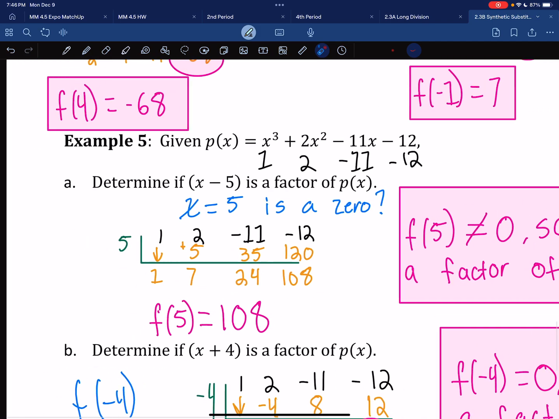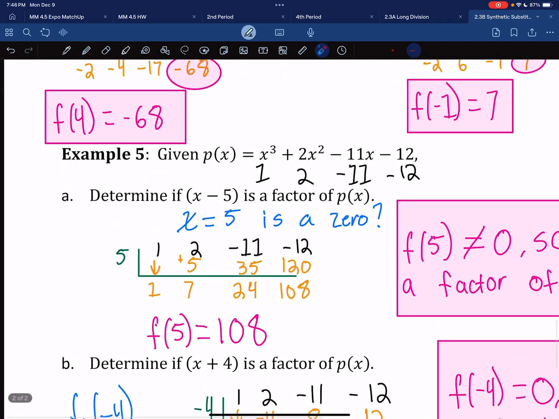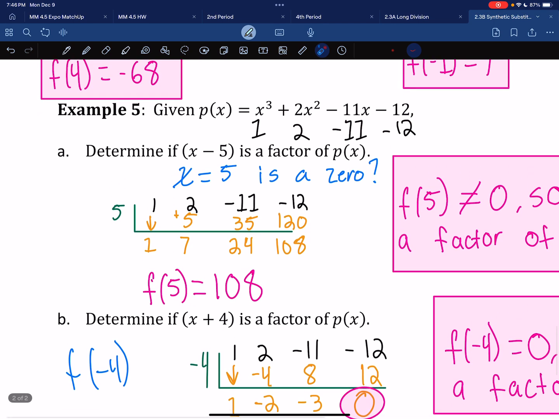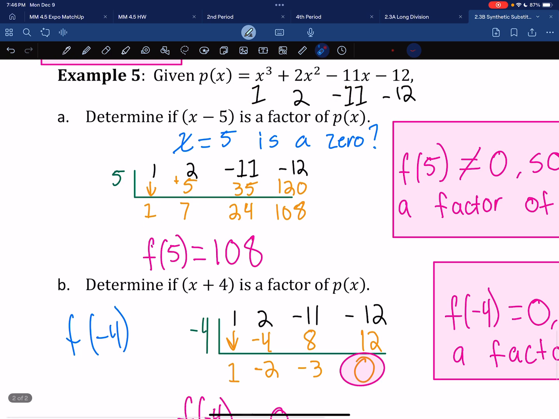So these coefficients represent these terms that I still have. I originally had the x cubed and I divided by an x. Altogether, I divided by x plus 4, but I divided by an x. So if I had x cubed divided by an x, the highest exponent I would have is x squared.